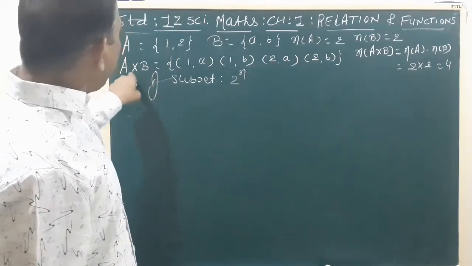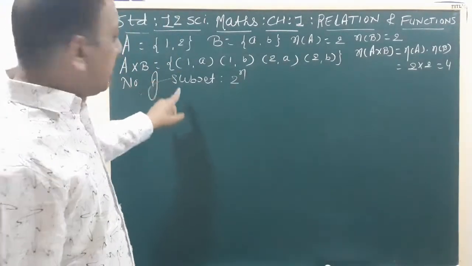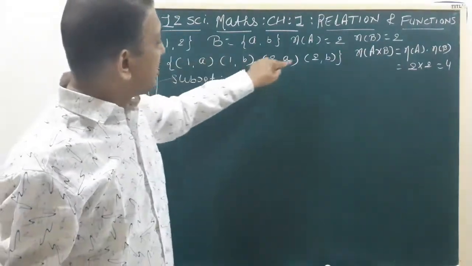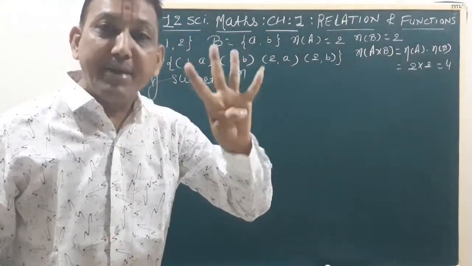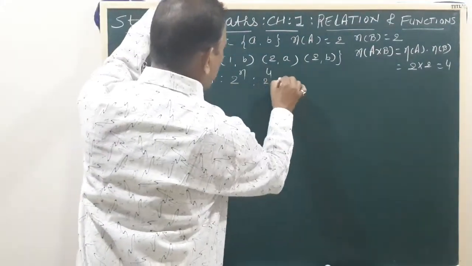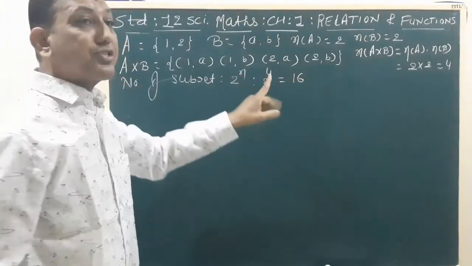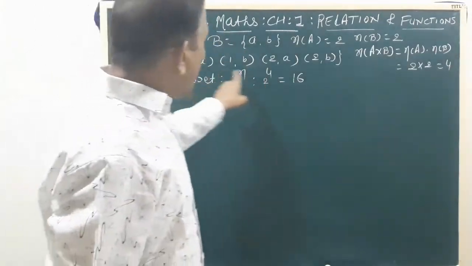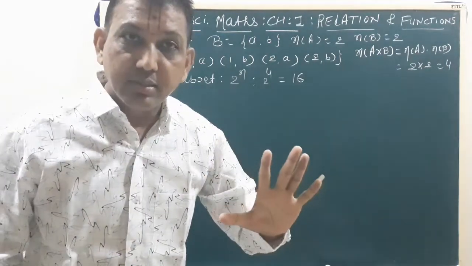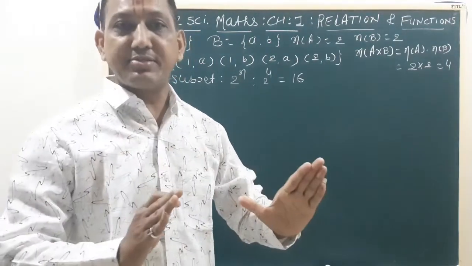We want to find the subsets of A cross B. Here A cross B has a total of 4 ordered pairs: first, second, third and fourth. That means 4 elements. So put n equal to 4. So 2 raised to 4 equals 16. So A cross B has 16 subsets. How many subsets? 16 subsets.